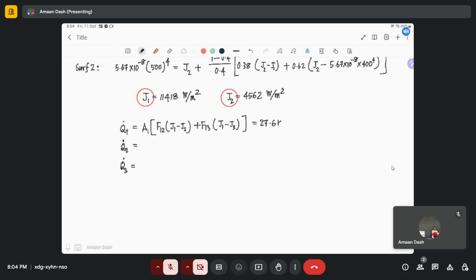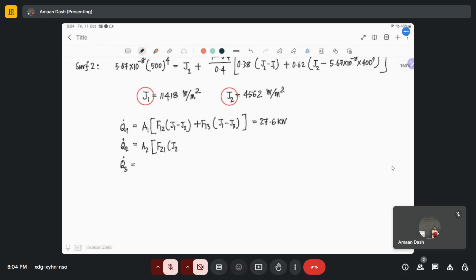And J3, if you substitute the value, you will be getting 1452 watt per meter square. So now you have J1, J2, and J3. So now you can calculate Q1, Q2, and Q3.